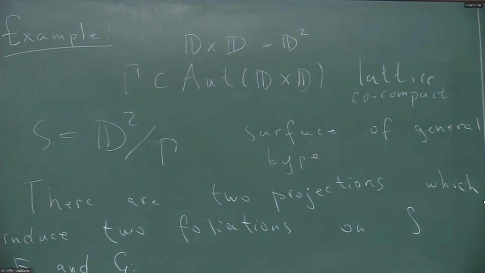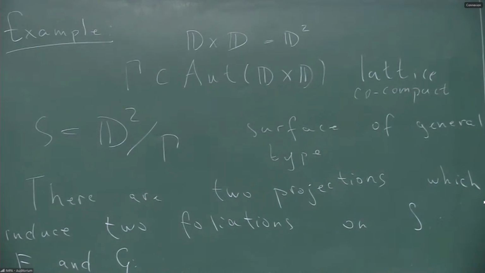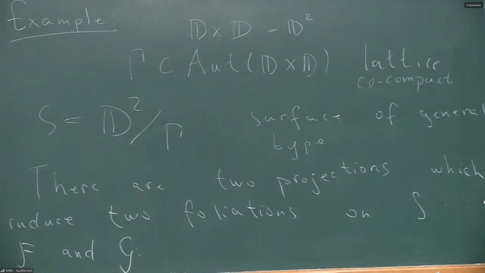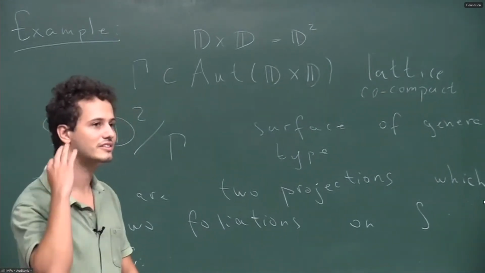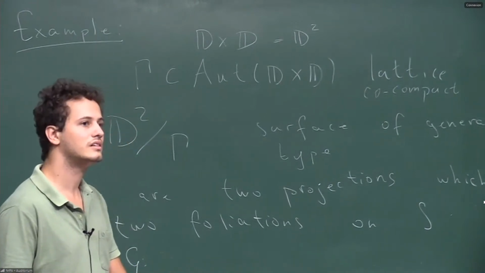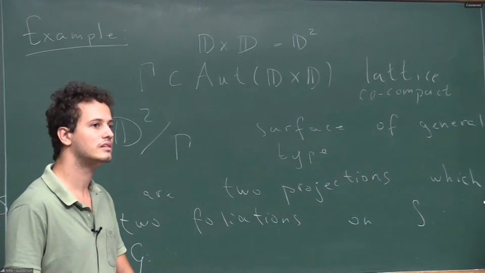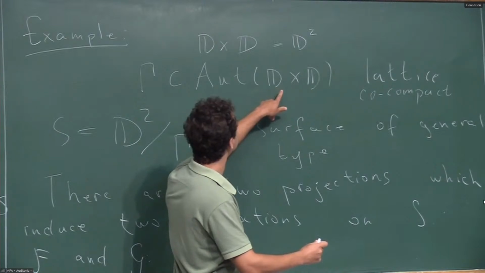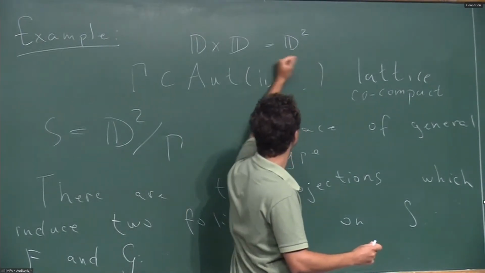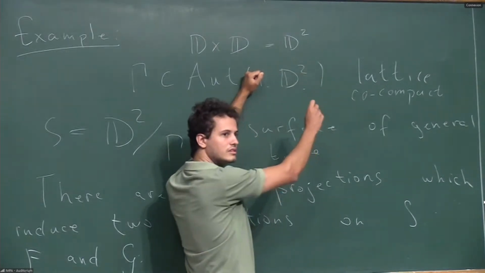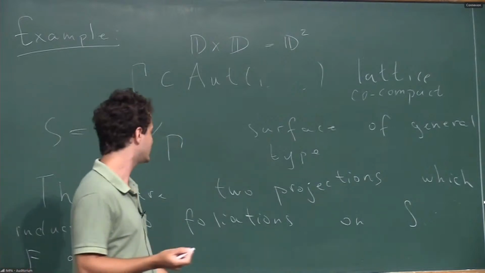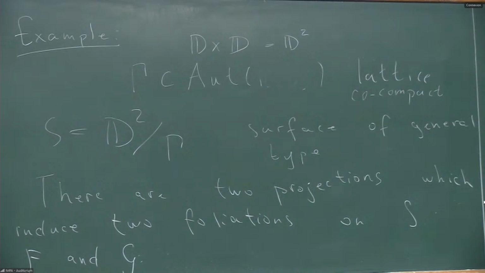For that, you have to take gamma contained in the automorphisms of D to the square, right? There is an automorphism that exchanges the factors. Yes, in automorphisms of D times D, there is a map that sends F to G and G to F. So in the quotient, you don't have two foliations, you have a two-web.